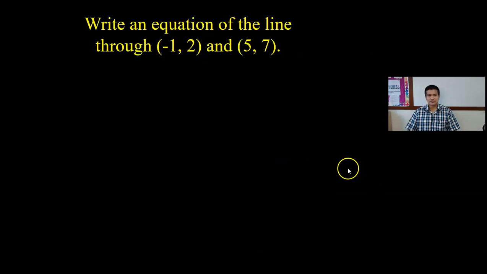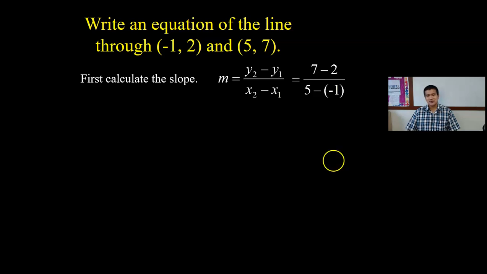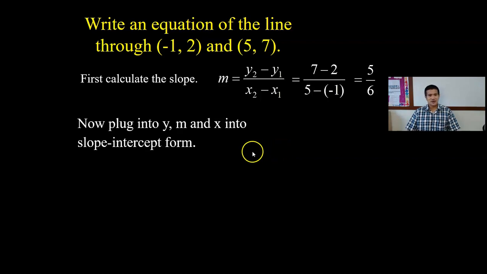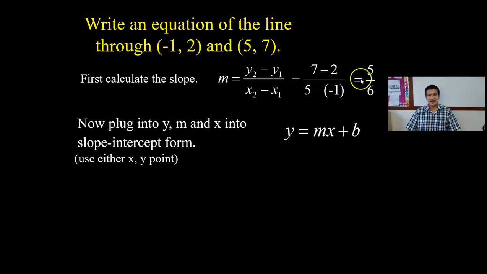Write an equation of the line through -1 and 2 and 5 and 7. So first thing you will do, you have to find the slope of the line. What will be the slope? First, calculate the slope. So therefore you will have 5 over 6. After finding the slope, you have to write the equation y equals mx plus b, right? So we have the slope, which is 5 over 6. And then choose from each point, any point, the value of x and y.